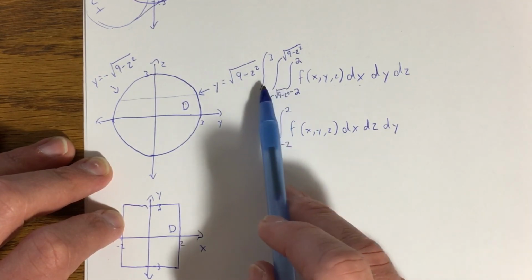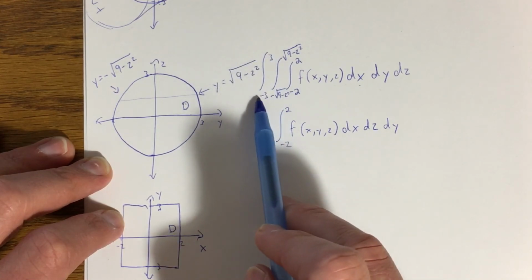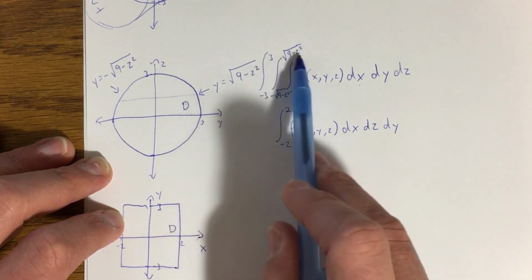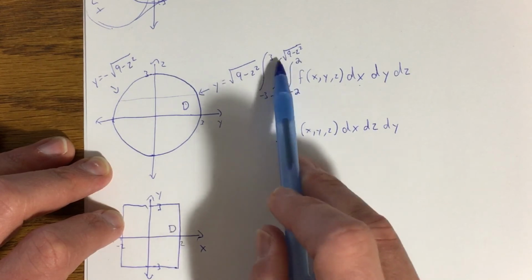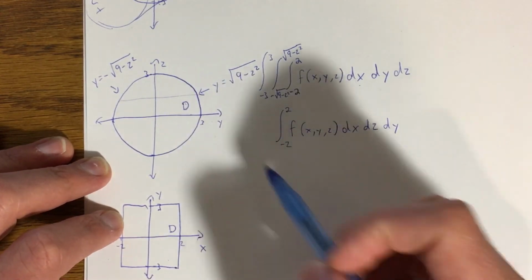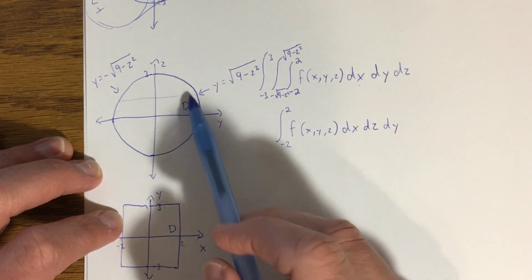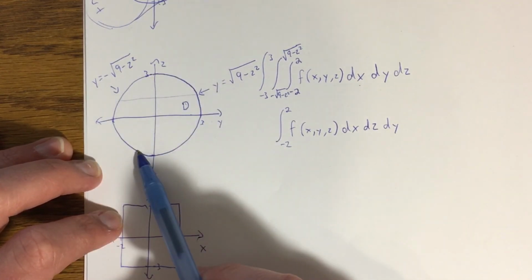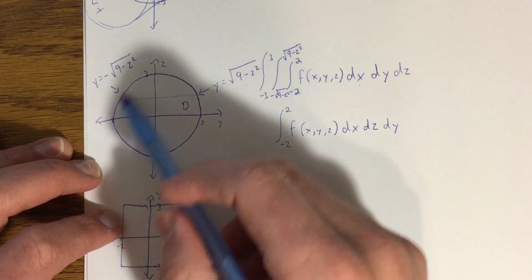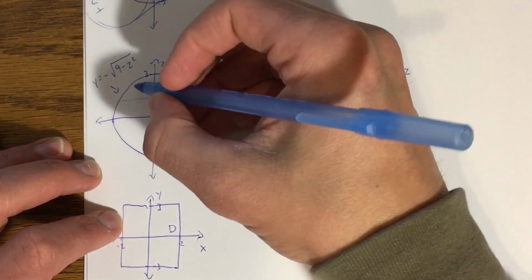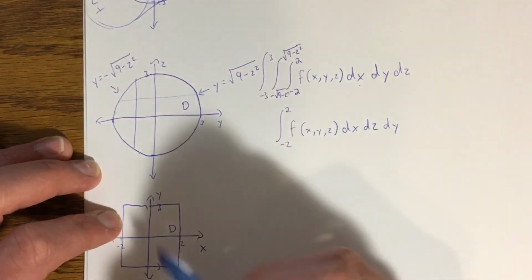The reason for that is you can't have the outer integral with limits of integration that look like functions like this. Remember, they have to be constants. So I have to rethink how I put restrictions on this region. Rather than think of this as a right and left half of a circle, let's think of it as a top and bottom half of a circle to put restrictions on z.